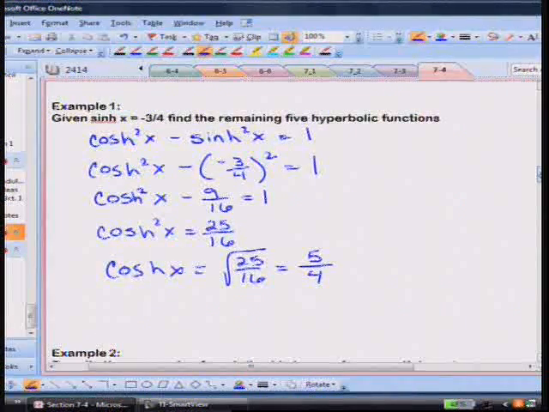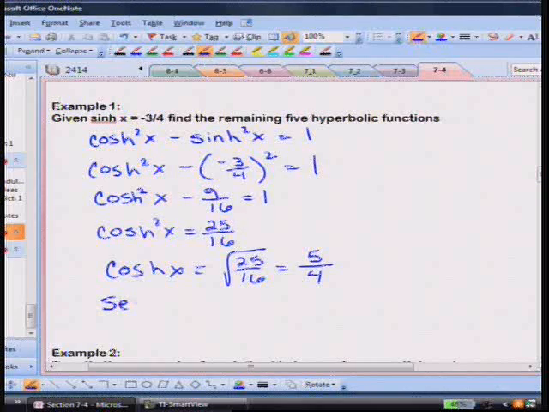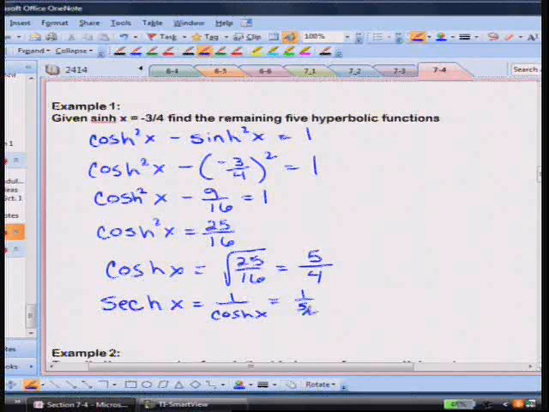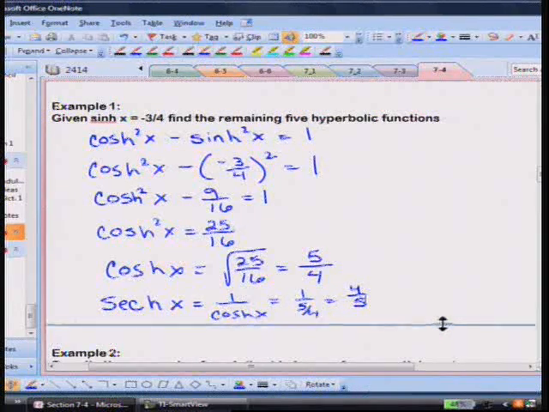All right, so how then do you think I will get the hyperbolic secant? Here's an easy one. What's hyperbolic secant going to be? It's just the reciprocal of the hyperbolic cosine. So it's 1 over 5/4, which is 4/5. And then what about the hyperbolic cosecant?